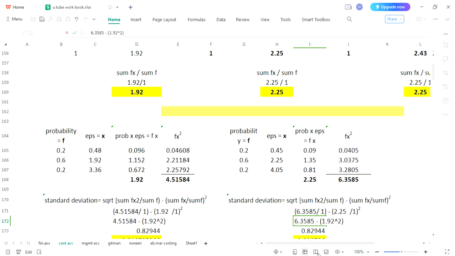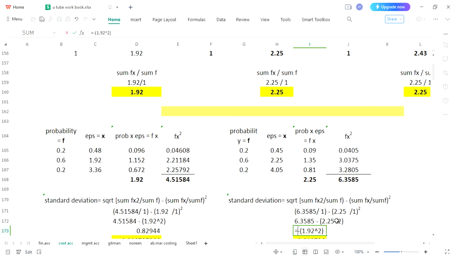When you divide by 1 you get the same, and 2.25 raised to power 2. Now it's okay. Let's put it in our formula.